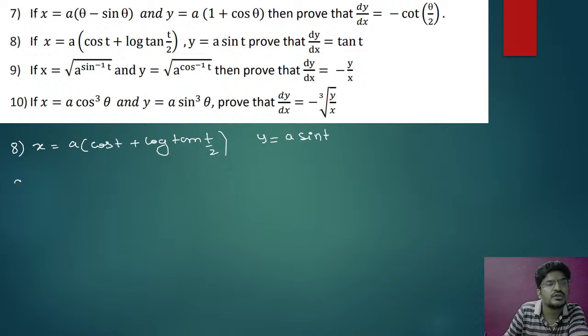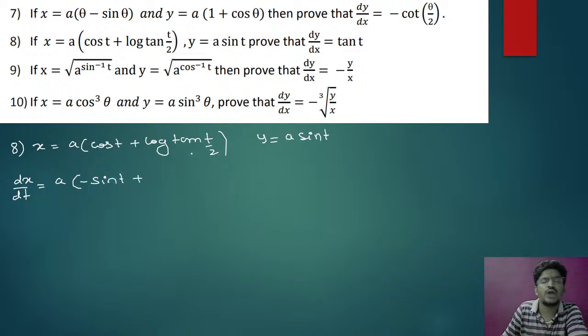Okay. So dx by dt will be equal to a, differentiation of cos is minus sin t, plus, now you have to differentiate this. While differentiating this, be careful, don't go on writing d by dt, d by dt, d by dt. It will be very lengthy. Directly you simplify the chain rule.